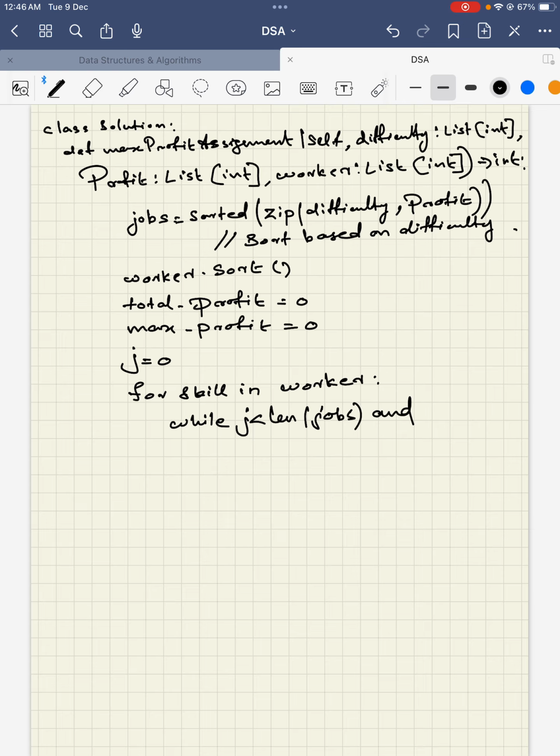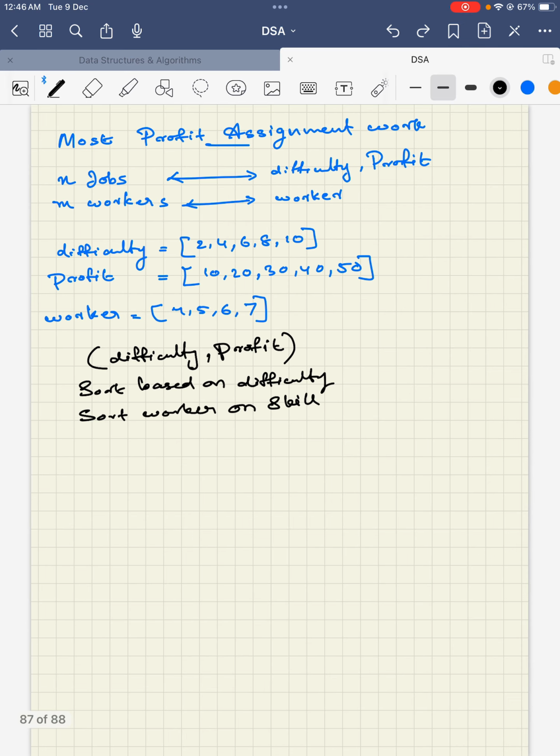Before going to the condition, I will tell you what this j is going to do. As we saw in the previous example, if a particular worker can commit to these two job roles, j plays a role in checking what are the possible difficulties. So j is going through the jobs, which is a tuple of difficulty and profit. So j will make sure it has explored all the possibilities.